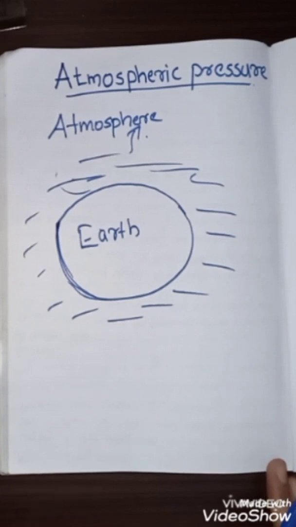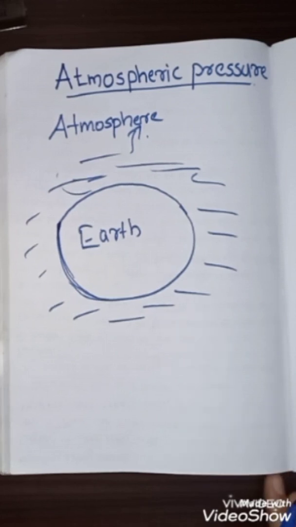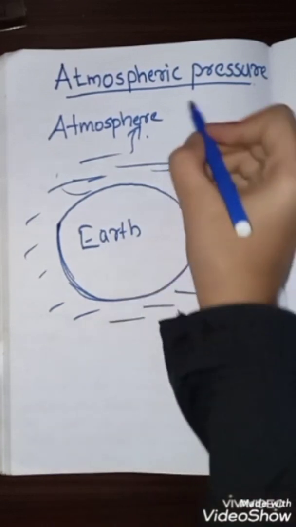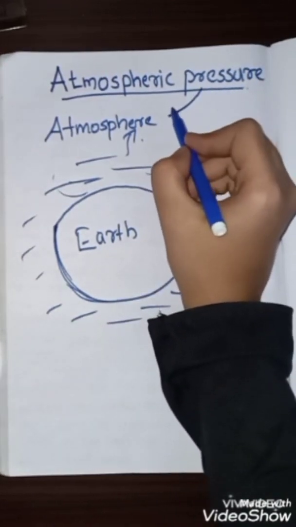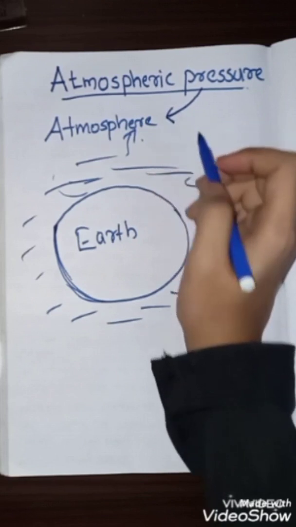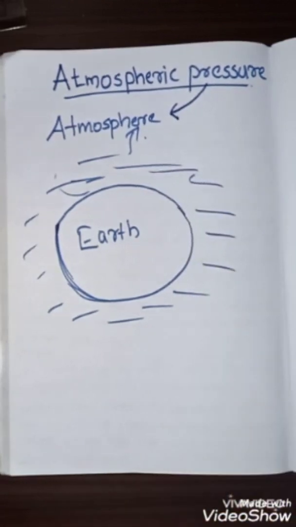Simply we can say that the pressure exerted by the air is called atmospheric pressure. Or otherwise we can say the pressure exerted by the atmosphere. The pressure exerted by the air or atmosphere is called atmospheric pressure.